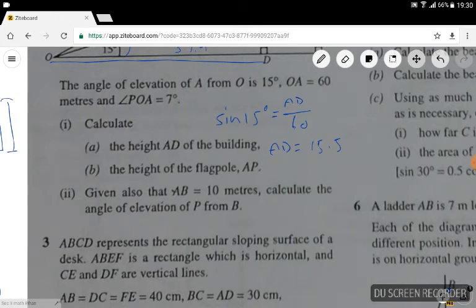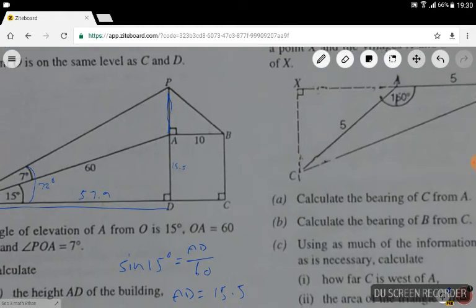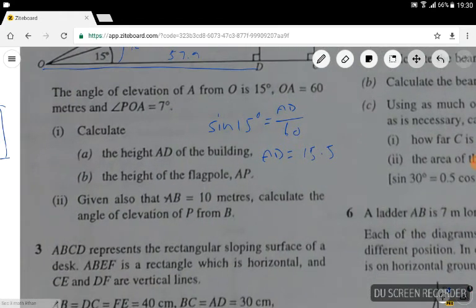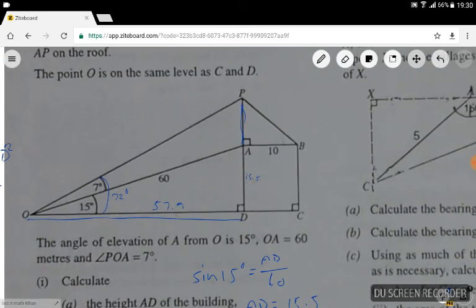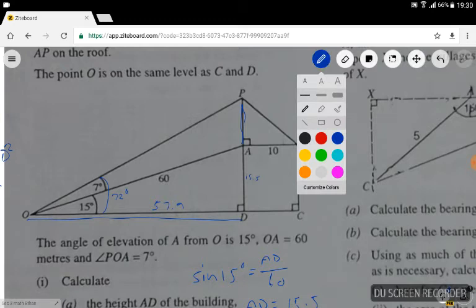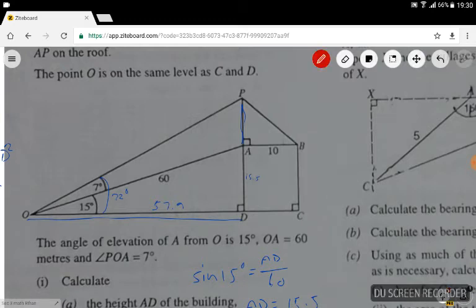Where is AB? AB is 10, okay. Calculate the angle of elevation of P from B. So where is the angle of elevation of P from B? It is over here. I want to know this angle.